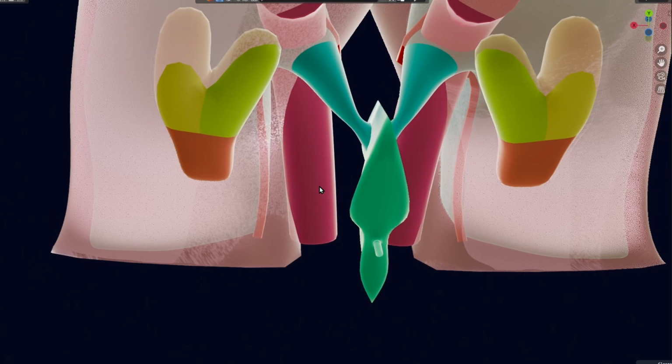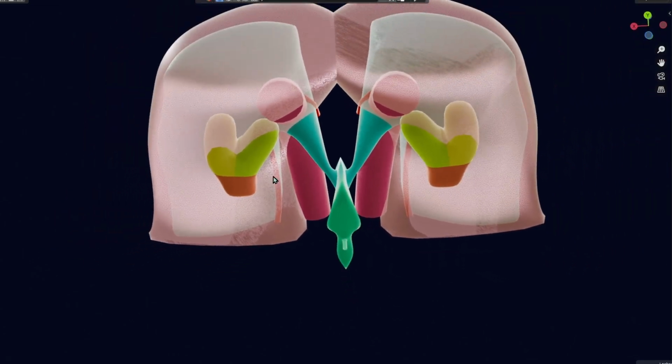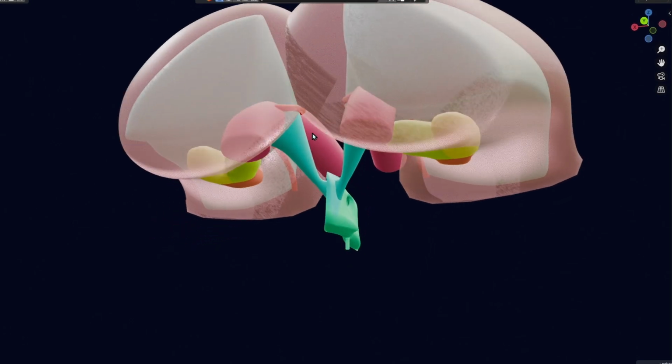Anyhow, let me tell you that for most of you, for most of the undergrad students, and even for those appearing for exams like USMLE, this much information is enough: the telencephalon forms the cerebral cortex and some subcortical structures like the basal ganglia and amygdaloid nucleus, and along with that, of course, the hippocampus, which is anyhow part of the cerebral cortex.